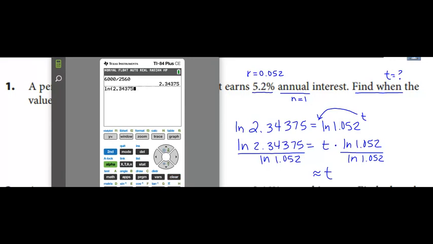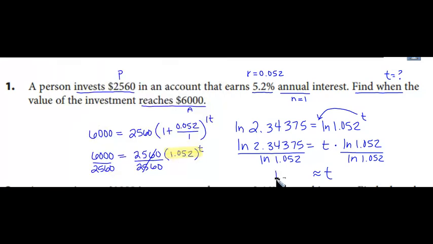Make sure that you close the parentheses before you divide the other logarithm. Now let's round to the nearest tenth, 16.8 years.